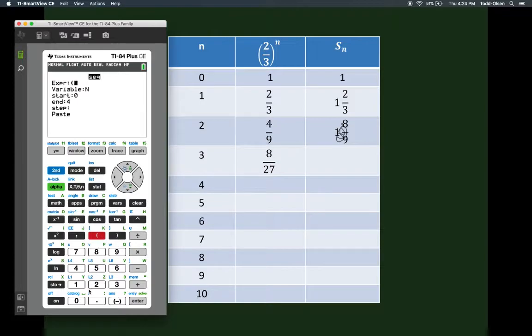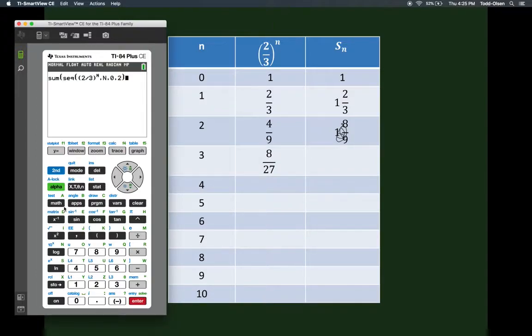This is 2/3, and we want it in parentheses, raised to the alpha n power, and the variable is n, so you may have a blank there, but you would just press alpha n. We're going to go from start is 0, and to the n equal 2 part of the table, and then paste brings it up onto the home screen in the proper format.